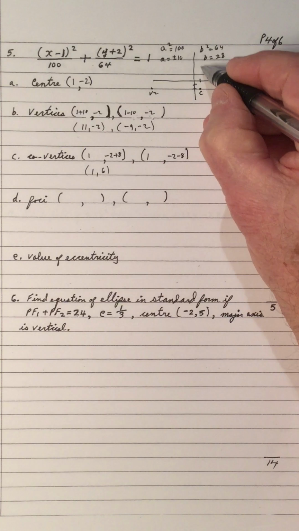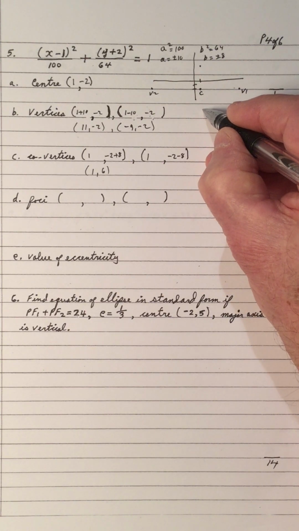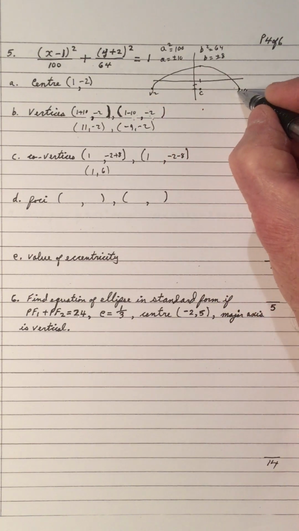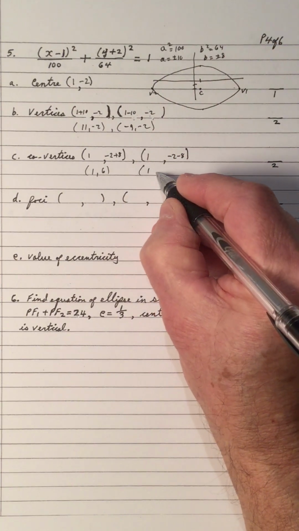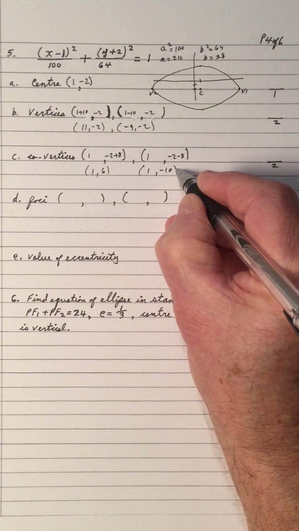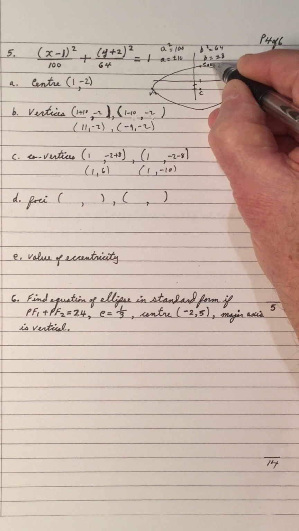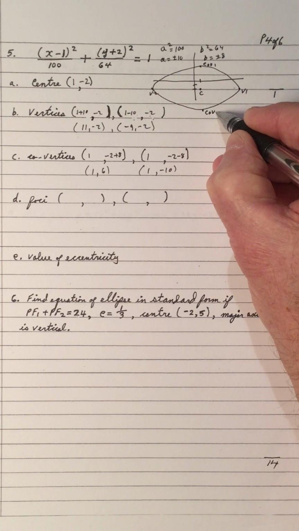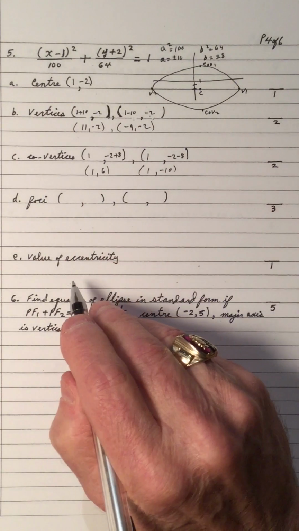So we add on 8, and we go up right here, and we subtract 8, and we go here. So this is (1, -10). This one is co-vertex 1, and this is right here, co-vertex 2. So if you got each of these, give yourself a mark.